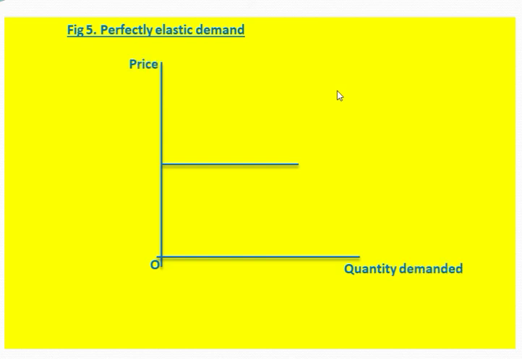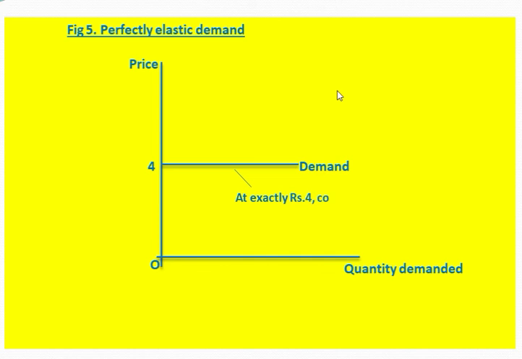Now we draw the demand curve, figure: perfectly elastic demand. X-axis, y-axis, that is the demand curve which is parallel to the x-axis. Quantity is measured on the x-axis, price is measured on the y-axis. The demand curve is drawn at rupees 4.